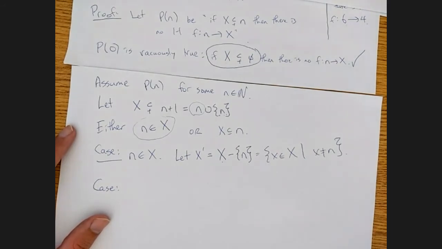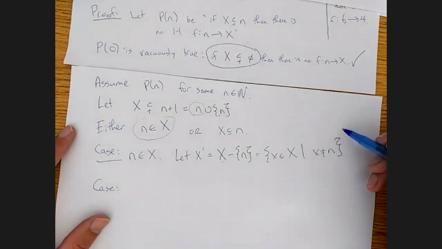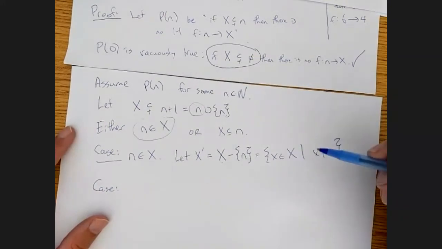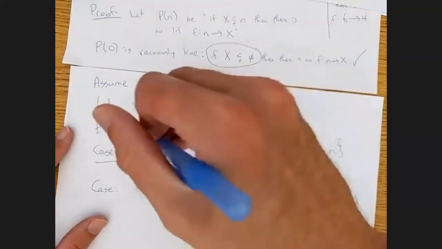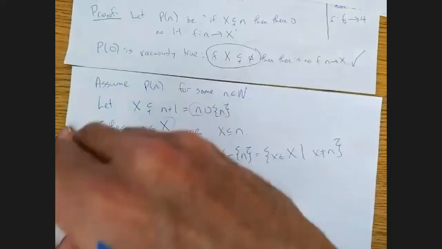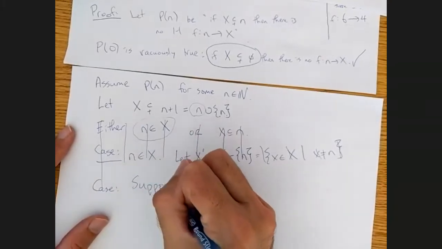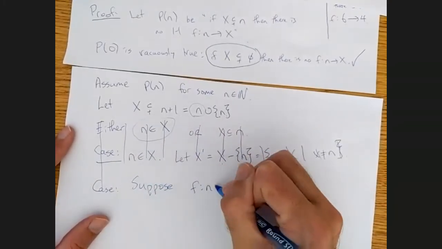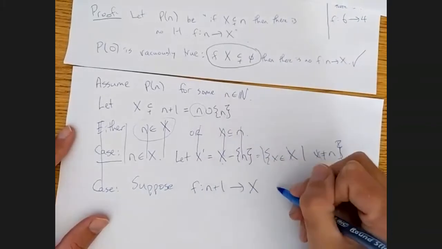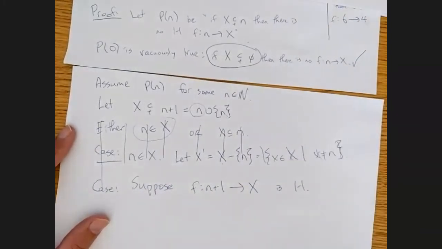So let me go back. I should have said we should be going for a contradiction. So let's go for a contradiction. Suppose f from n plus 1 to x is one-to-one, and we're going for a contradiction.